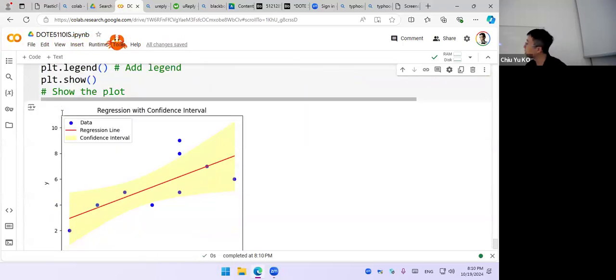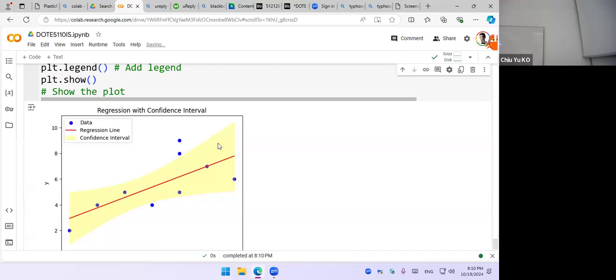So you see this is the graph we want. This is a line, and this is the range. That means your model is not just a line. Indeed, your model is slightly more complicated, because this is the band of your model. So you give more information about your model.